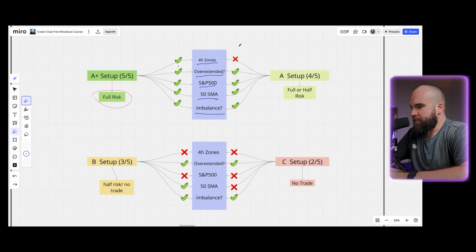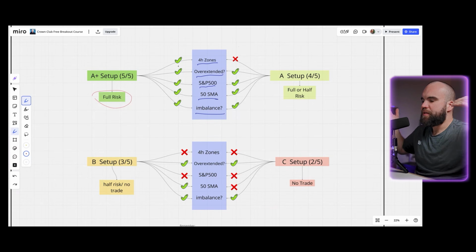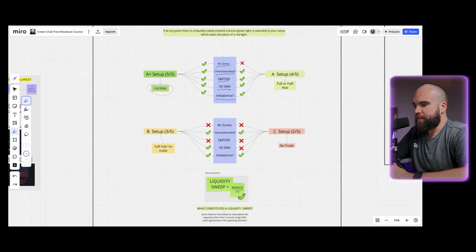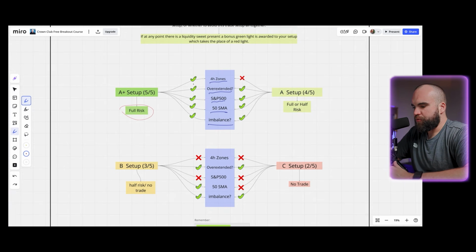And again, this isn't the strategy I trade. These are just simply confluences I've added to my strategy to make it way more profitable. Even if you just traded the strategy blindly, you would probably still be really profitable, but this pushes your win rate up insanely. So it's one of the most valuable things that I've added to my trading.